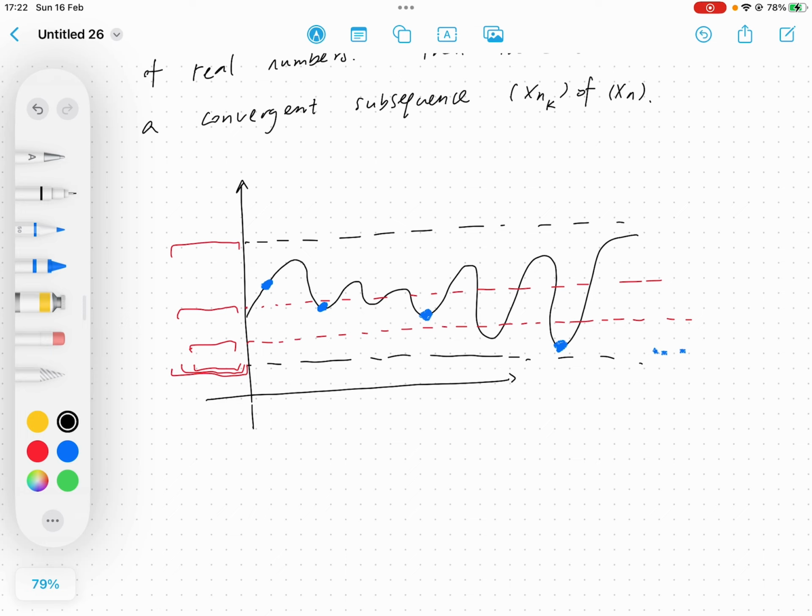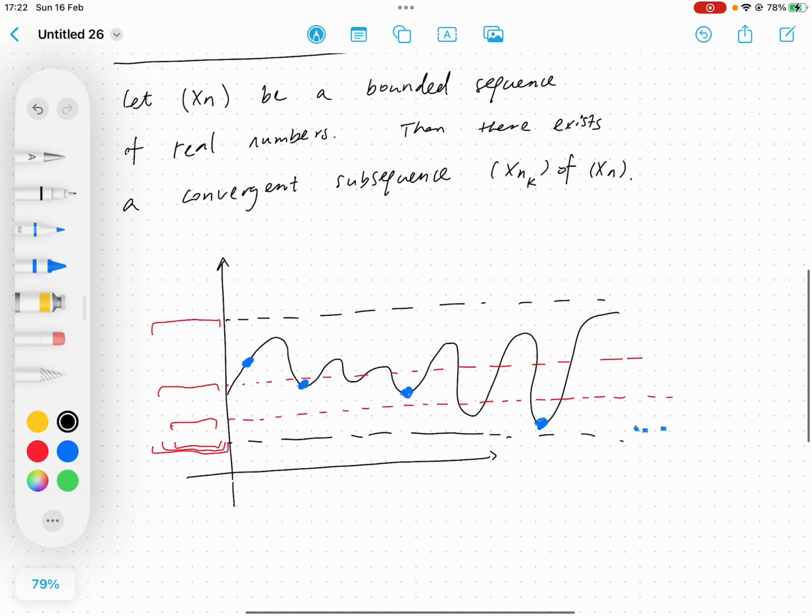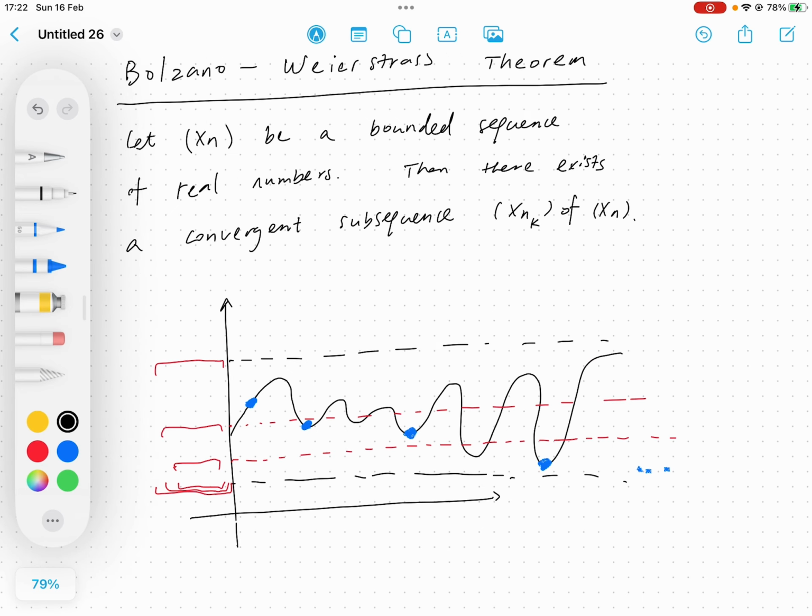For now, just ignore those red parts. We have this curve, or this sequence, that is bounded by those two black dashed lines.